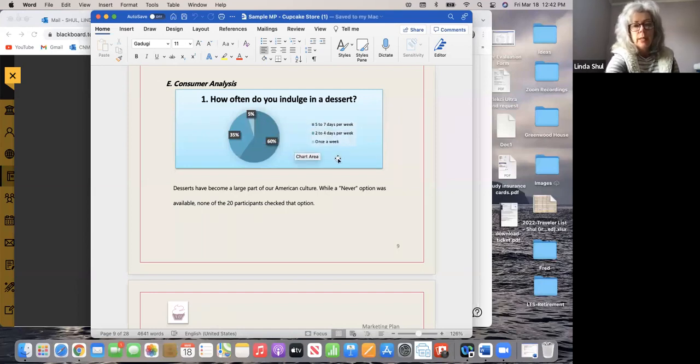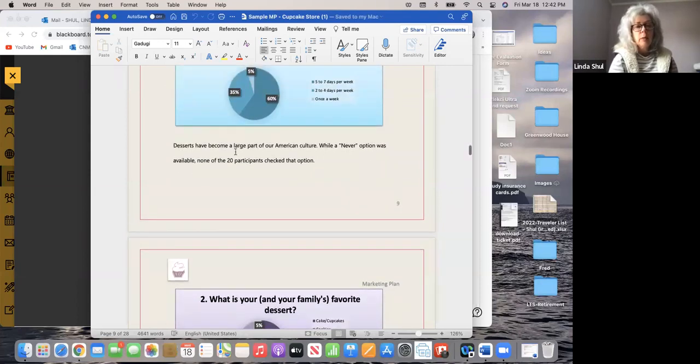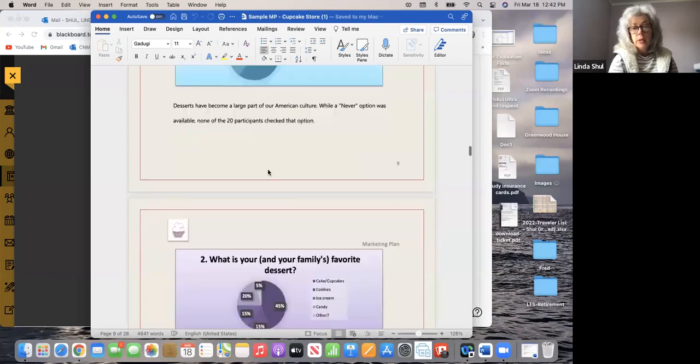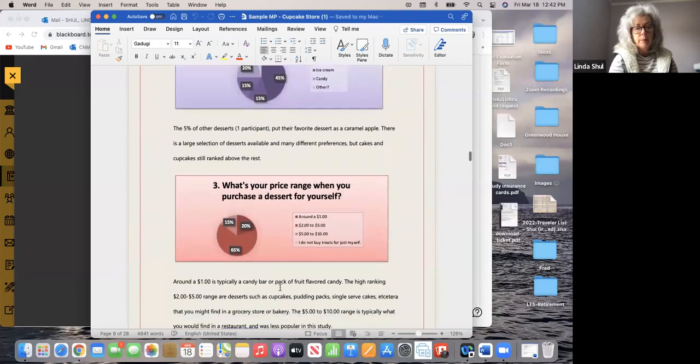So I can see that 5% is once a week, and the bigger, darker colors differentiate enough that I can really understand it. And then a little bit of wording after it is always good too, just to explain what you're doing here. I like that they've summarized it just a little bit following it.